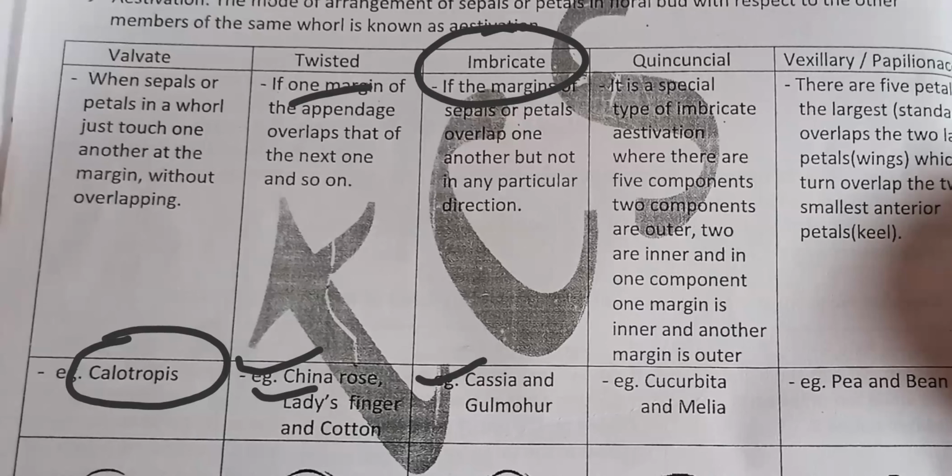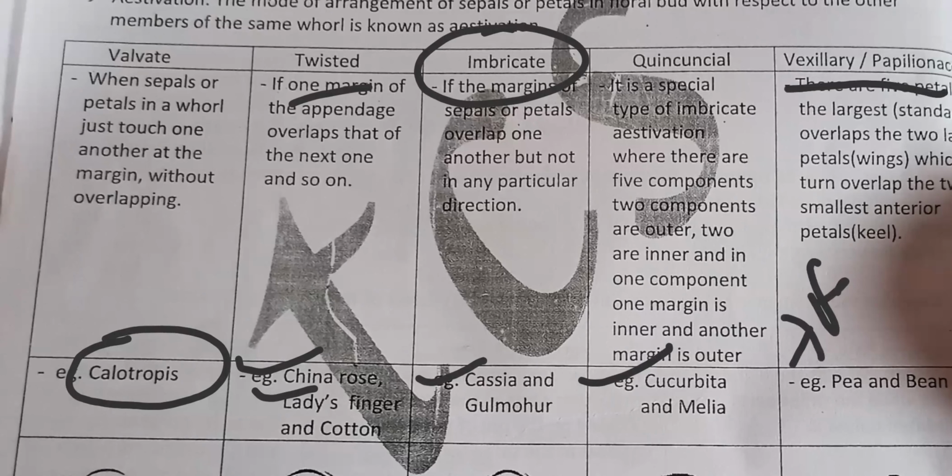Fourth, quincuncial: Cucurbita and Melia. I know the majority of flower names you may not have even heard, but you will have to remember.